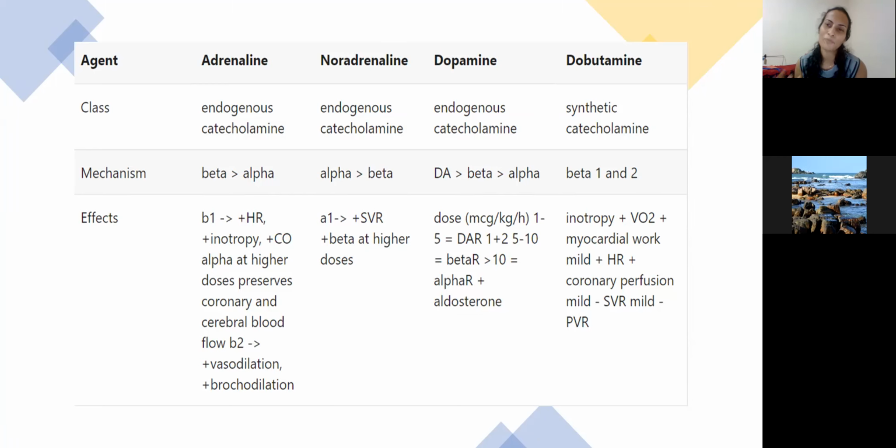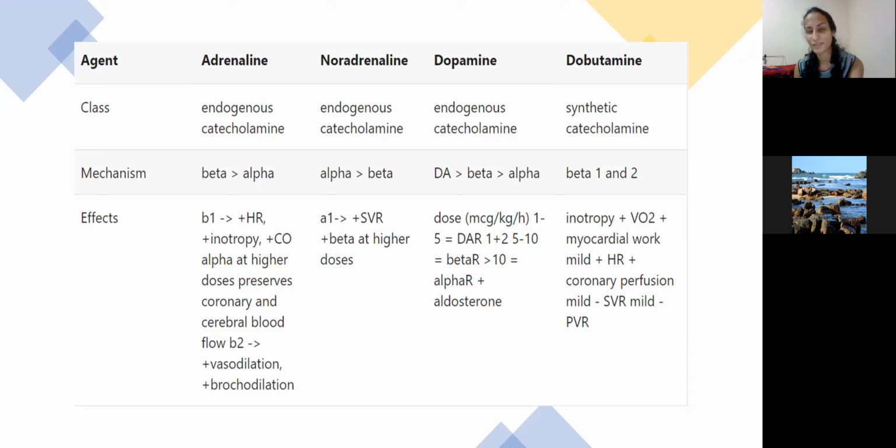Why I'm telling you this is important is that all the other drugs like adrenaline, noradrenaline, and dopamine need a central venous line to be given. I hope you know what a central venous line is. You can't just give these drugs through your peripheral circulation. Why? Think about noradrenaline.